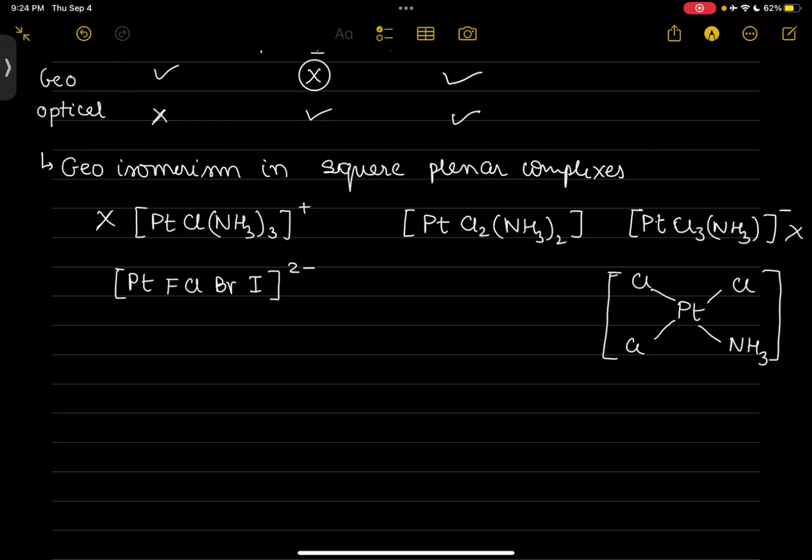So Aisha, why can it not be cis-trans? And Jaslin, why can the first one not show cis-trans?